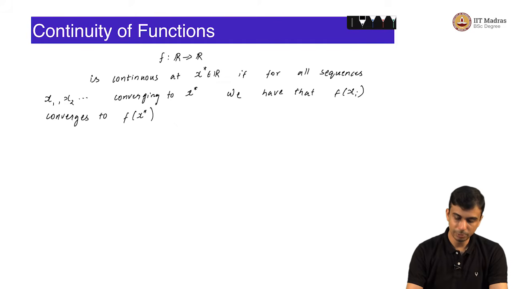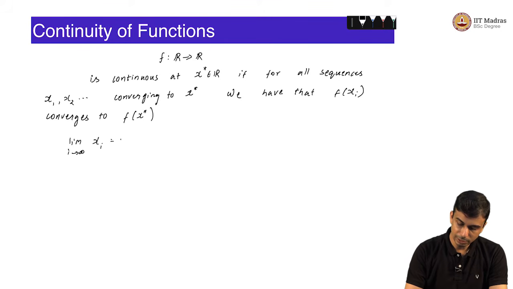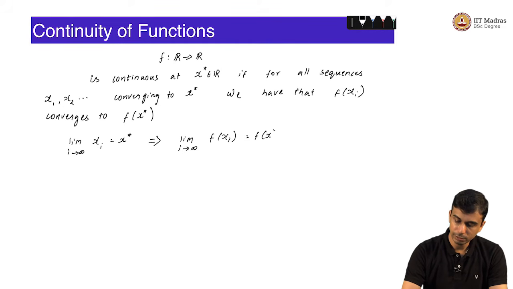What does it mean by that? We mean the limit as i approaching infinity of xi equal to x star implies the limit as i approaching infinity of f of xi is equal to f of x star.